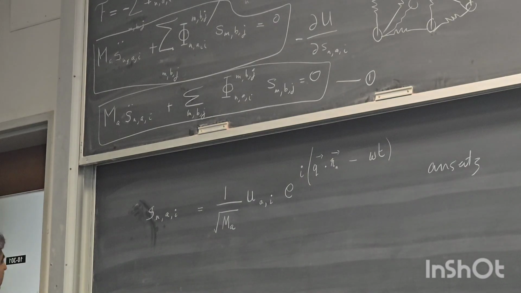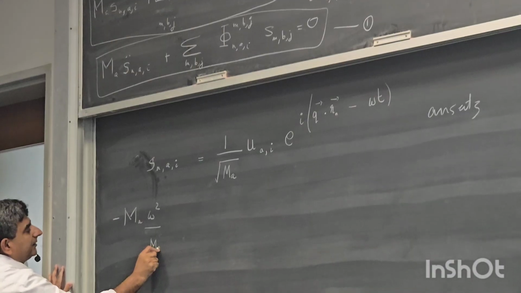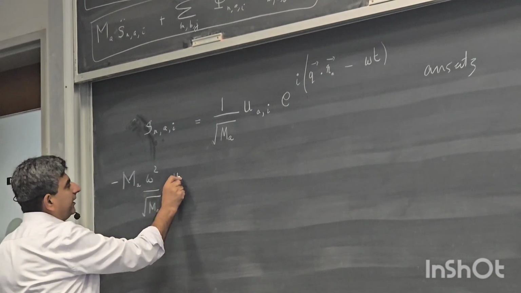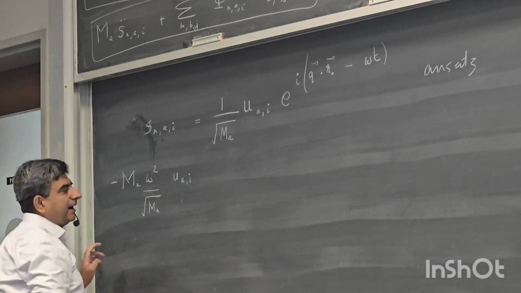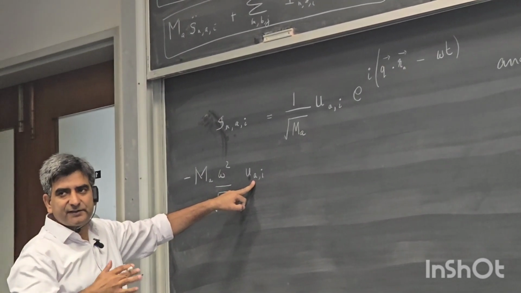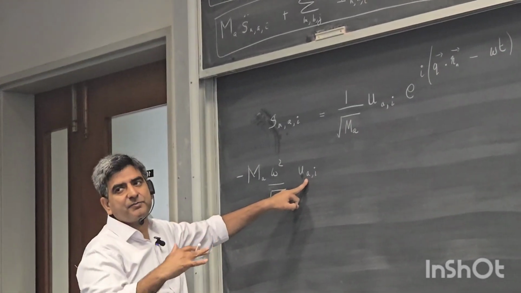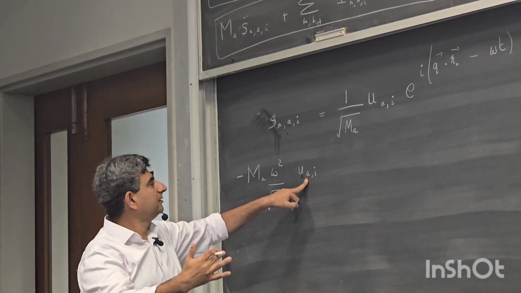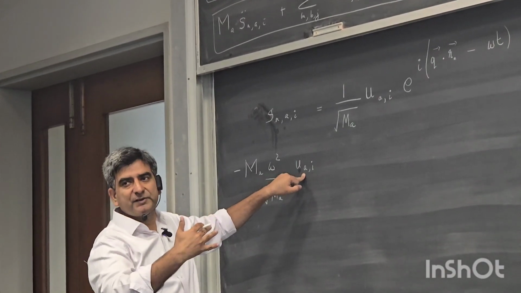So I will be left with m_a from here minus omega square m_a, correct? u_ai, I have intentionally dropped the index n here because this result is independent of which lattice point we're talking about. They're all the same. Okay, so the amplitude is going to be the same.